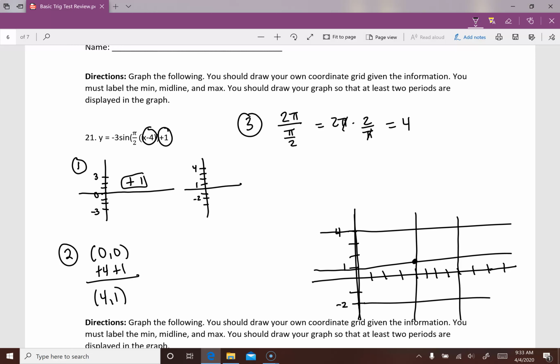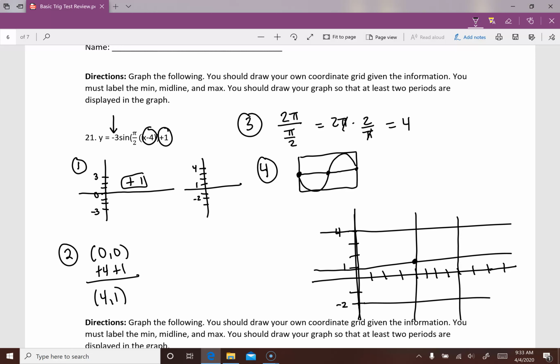All right, now step 4 is to draw the general shape. Notice that we have a negative sign. So that means, just like all sines, we are going to start at the midline, be in the middle at the midline, and end at the midline. But for a negative sine, it goes down, and then it goes up.